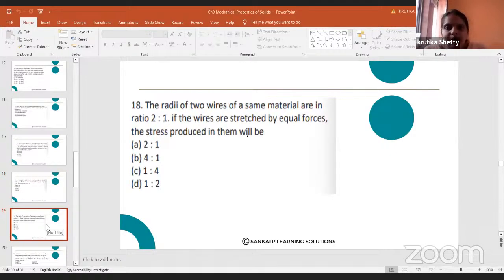If the wires are stretched by equal forces, the stress produced in them will be in what ratio? We have already done this type of question. So what about your stress? Stress and radius are inversely proportional according to the formula. Yes, it is 1:2. Very good. Then the next question.